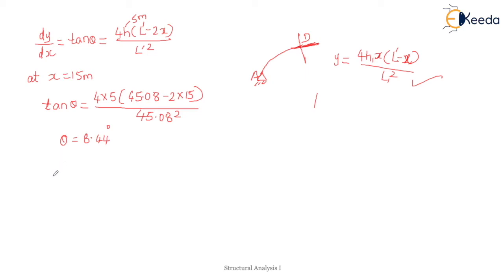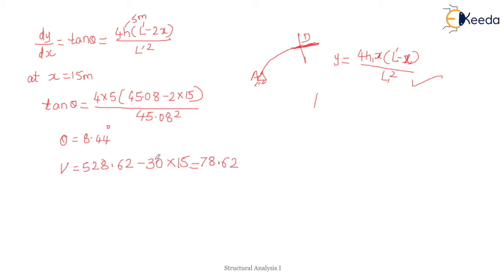So when you get theta, what is the final V value here? V will be 528.62 minus 30 into 15. So the total vertical force here will be 78.62.